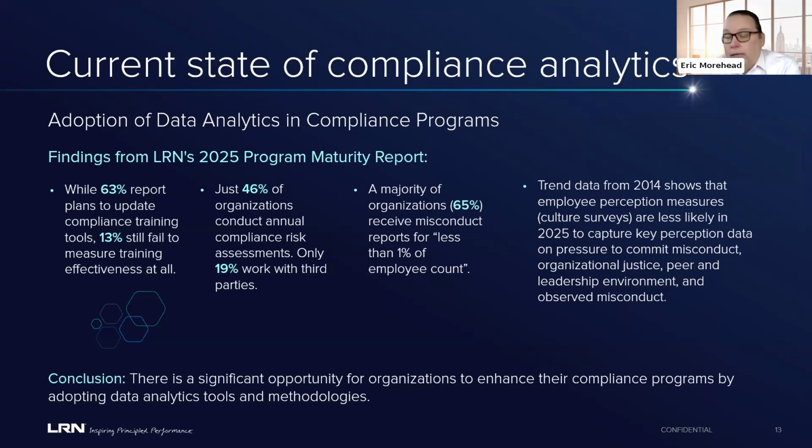And unfortunately, at least in the realm of culture surveys and employee engagement surveys, we're seeing that the percentage of organizations that are asking key questions around organizational justice and pressure to commit misconduct and some of these other key culture questions has gone down.